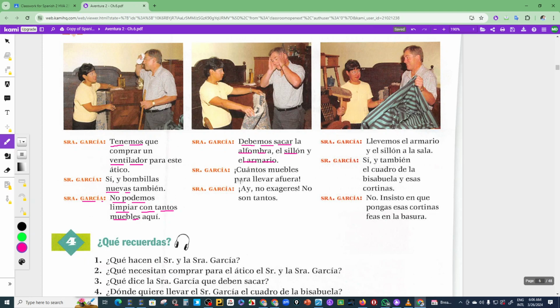¿Cuántos muebles para llevar afuera? Dice Mrs. Garcia. How many furnitures in general to take out? Para llevar, to take out. Afuera, outside. Fuera, outside. Ay, no exageres.